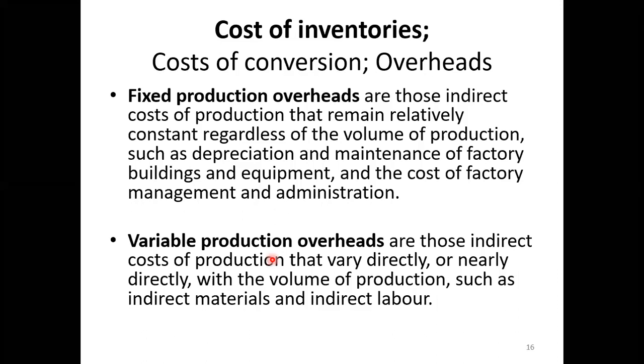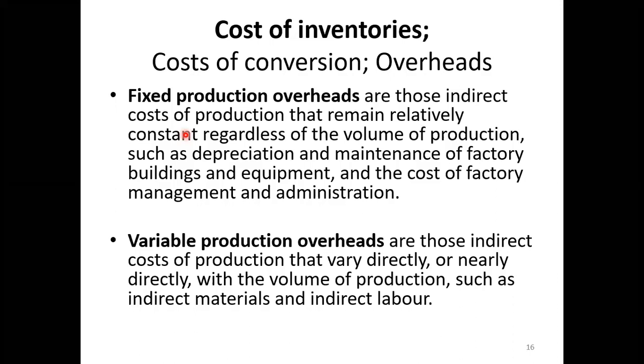Regardless of the number of units, up to a certain level of production capacity, they are those indirect costs of production that remain relatively constant over time, such as depreciation, maintenance of factory buildings and equipment, and the cost of factory management and administration.